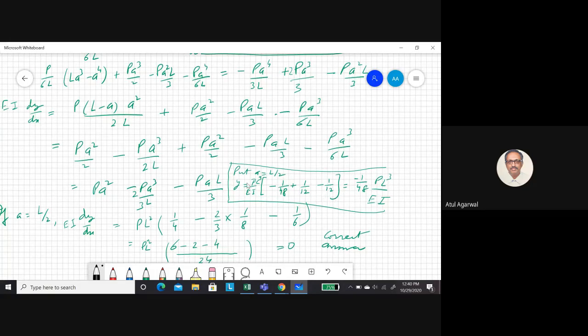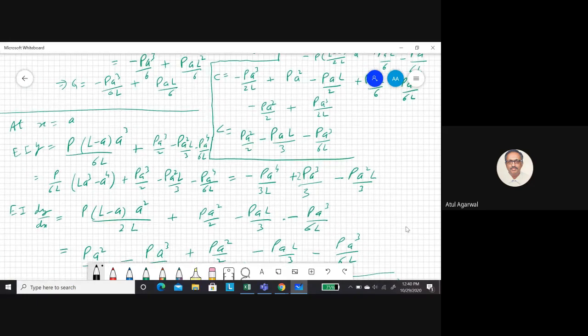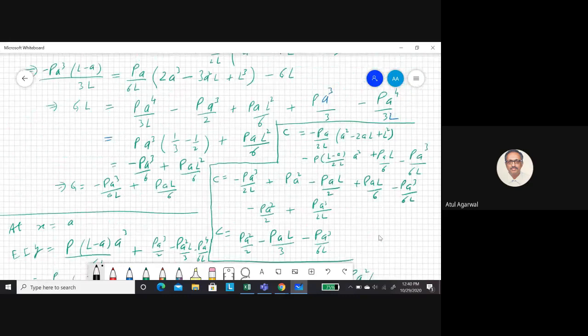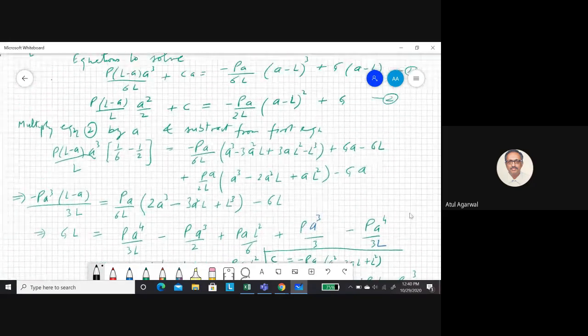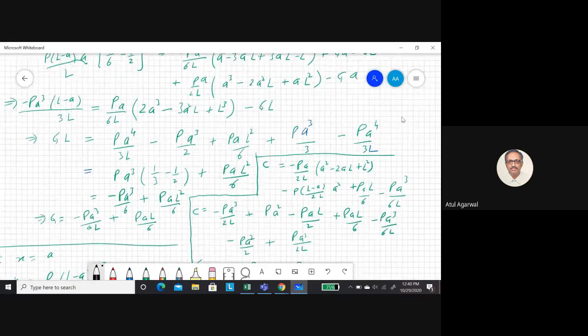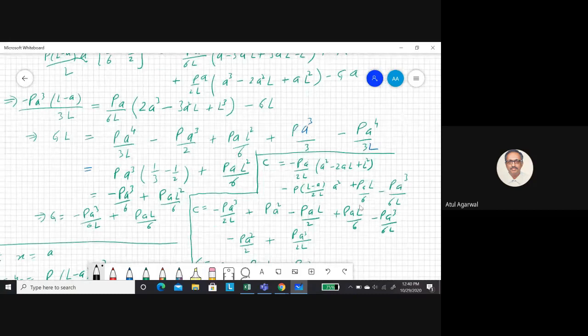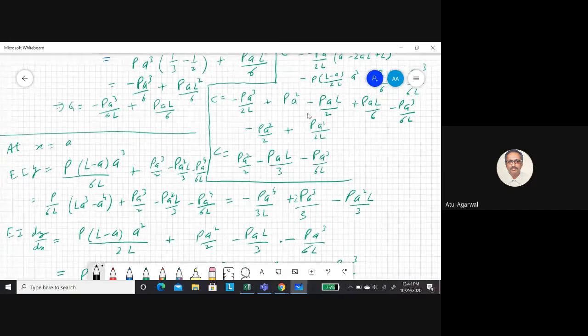If your A was L by 2, you have a simple expression like this. Otherwise, this I have calculated. These calculations will give you the deflection at point x equal to A for a general situation.